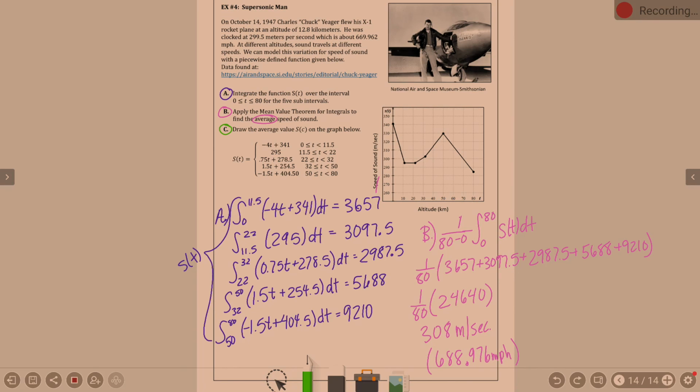Okay, C. Draw the average value, S of c, on the graph below. What is our average value? Average value is 308, yes? So where is 308?